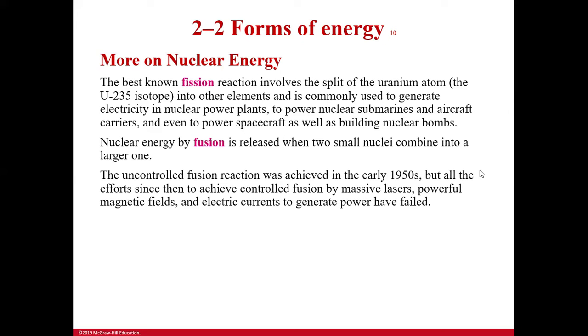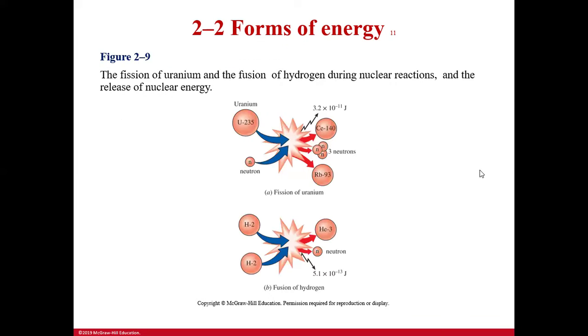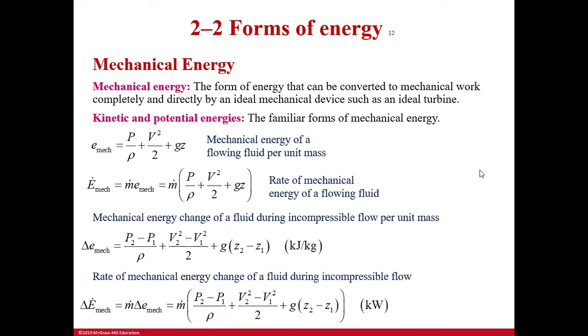So that's why fusion is not used in nuclear power plants; only the fission type of nuclear reaction is used. Here they're explaining the difference between fission and fusion. Here they're showing only the fission of uranium, the breaking of uranium into smaller parts and releasing energy.